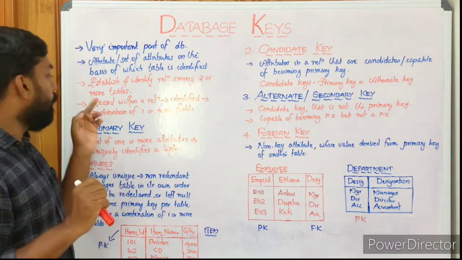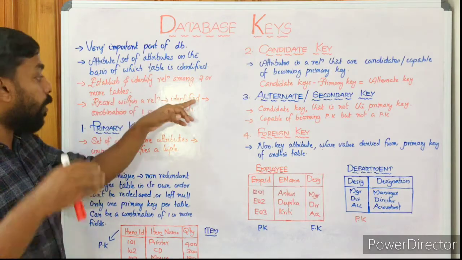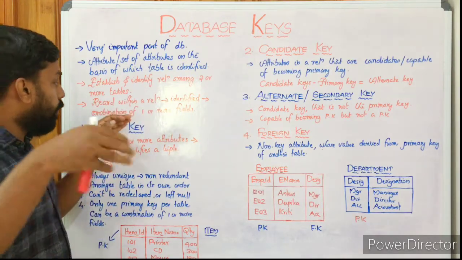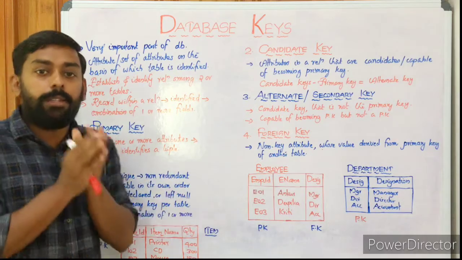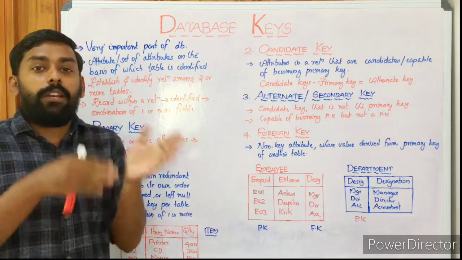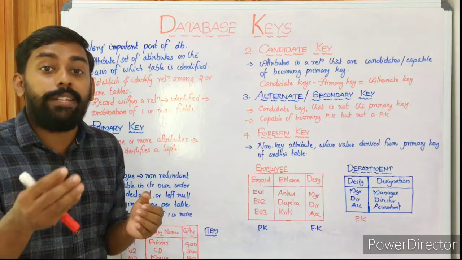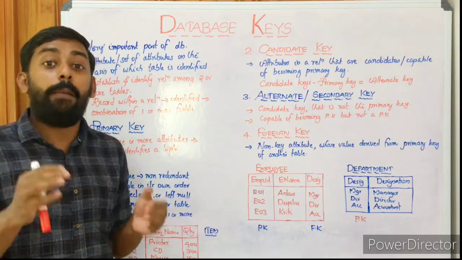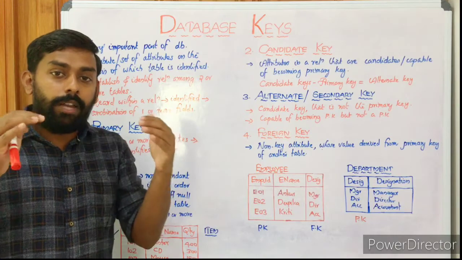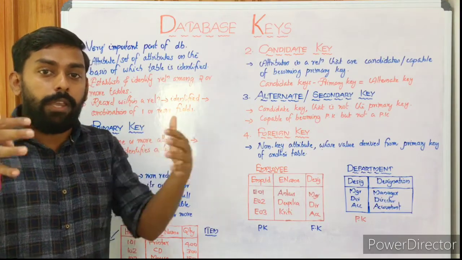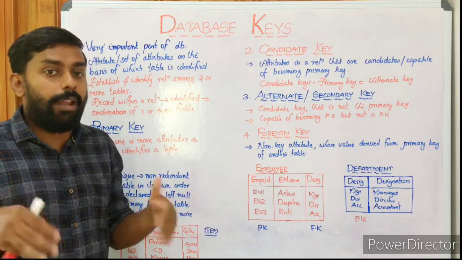A record within a relation can also be identified with a combination of one or more fields. That is, a key is an attribute or set of attributes which can be applied to identify a row or rows in a single table as well as multiple tables, or at the time of fetching data from multiple tables we are using the concept of keys as well.